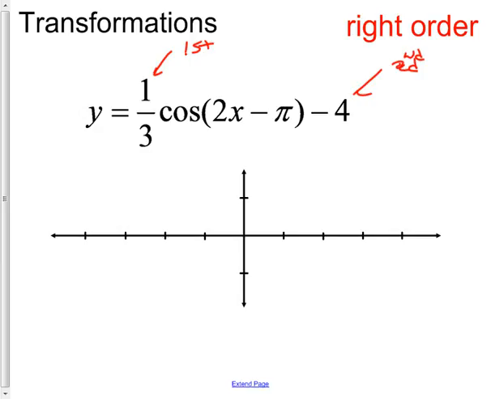So I could start there, and then go to the inside and do opposite order. That would also work. I wish there was only one right answer, but there's actually 2 ways you can do it. But don't think you can do it any way you want. You either go on the outside, do all of them, and then go to the inside in the opposite, or start on the inside, do it in the opposite order, which is what I recommend, and then go to the outside and do it in normal order.